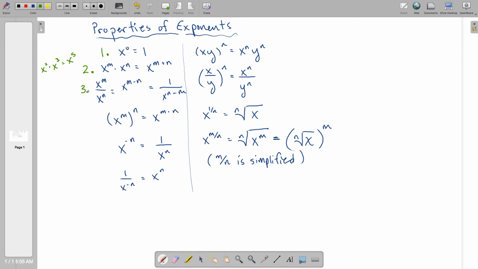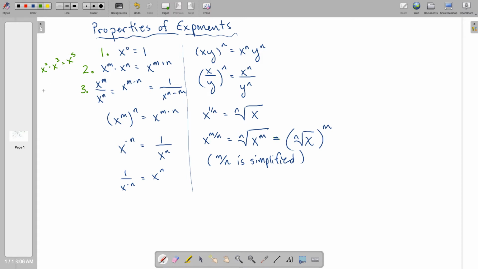Number 3 is very similar to number 2. If we're dividing those like bases, then we subtract the exponents to combine them. Now you can do it one of two ways. You can subtract the bottom one from the top one, like right here, and that gives you x to the m minus n. But if you want to subtract it in the other order, then you can do n minus m, but then that expression is in the bottom of the fraction, right?